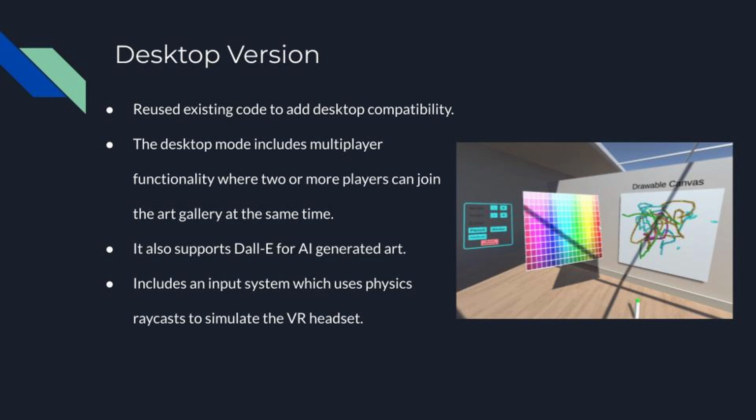It also supports DALL-E to generate art using AI. And the desktop mode also allows two or more players to join the same art gallery at the same time, and the player can see what the other person is drawing in real time, which was a complex feature.